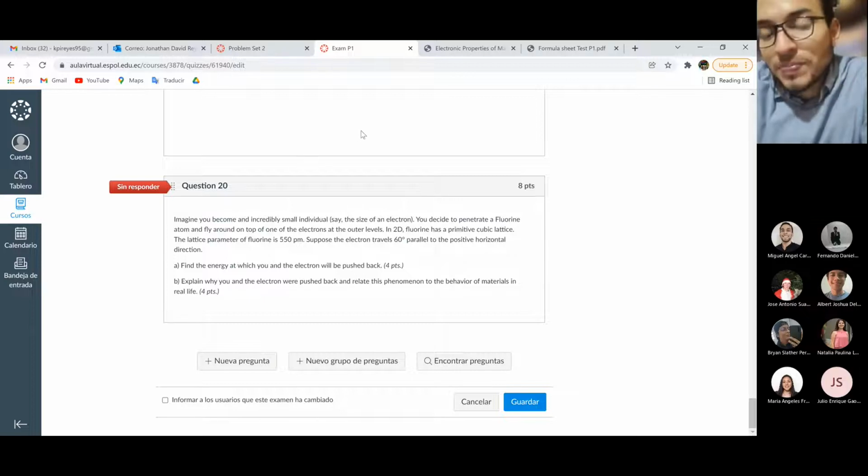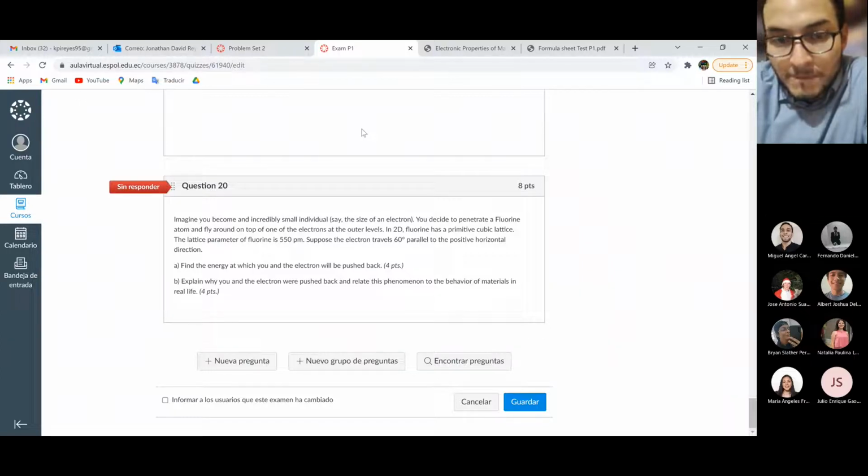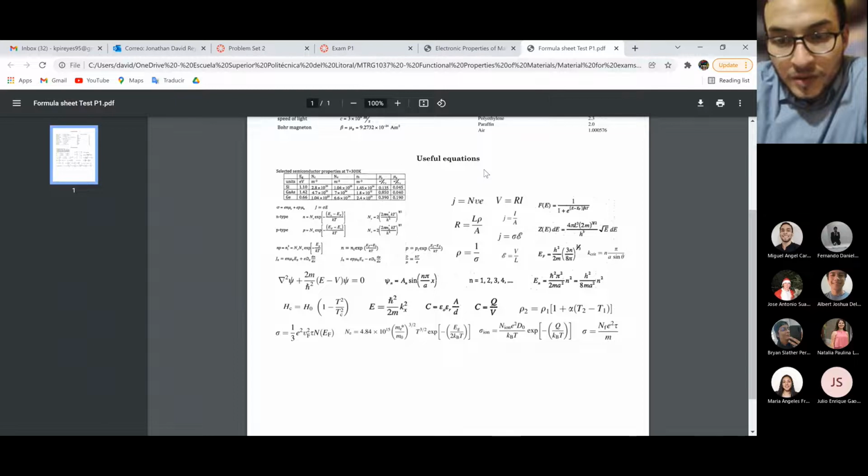How can you guys approach this problem? There you have the equations.